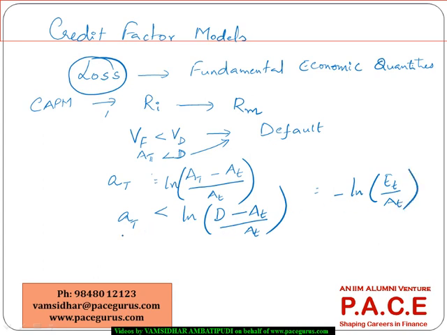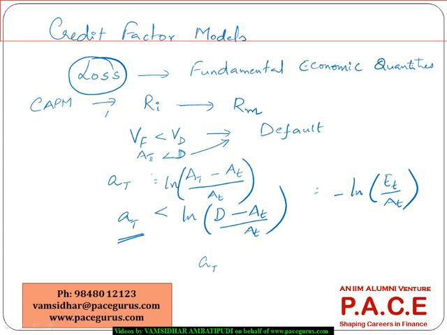So now what is it talking about? If the asset return is lesser than minus the logarithm of the equity ratio, that is an indication of a default. The other way of saying it is that if the asset returns are negative and greater in absolute value than the initial equity ratio, that is when we say that default is going to occur.